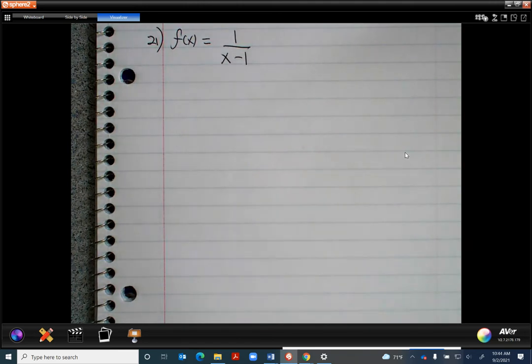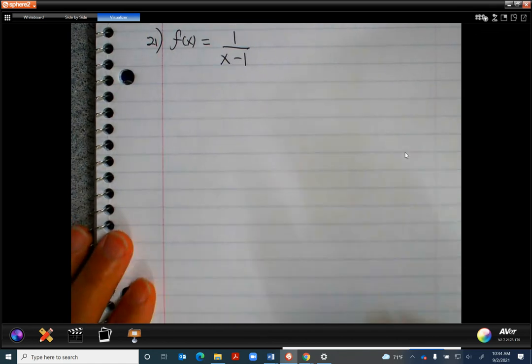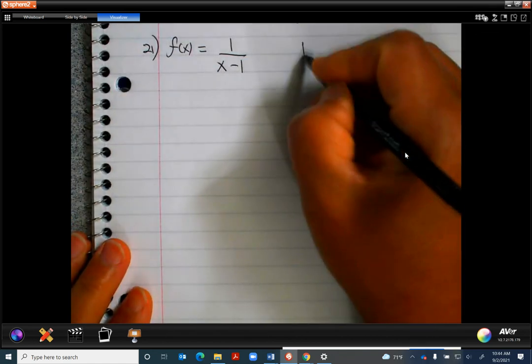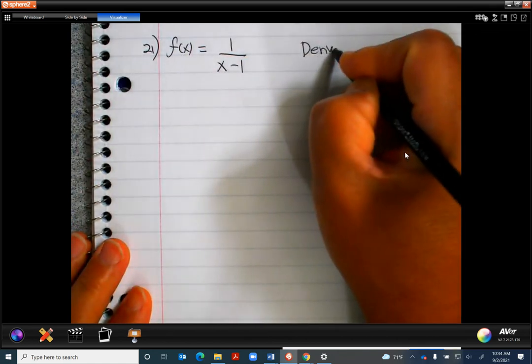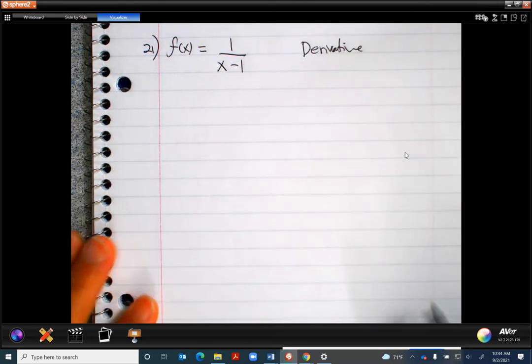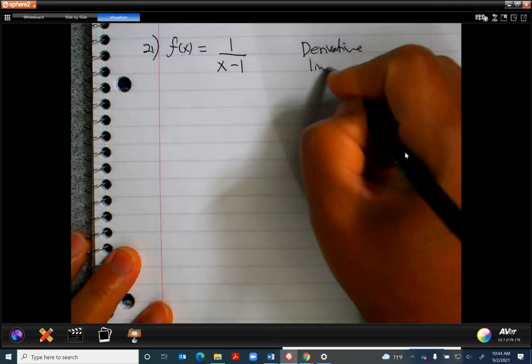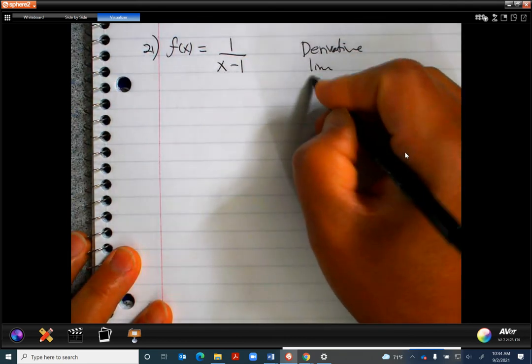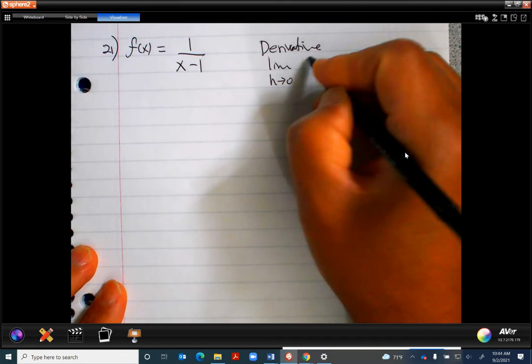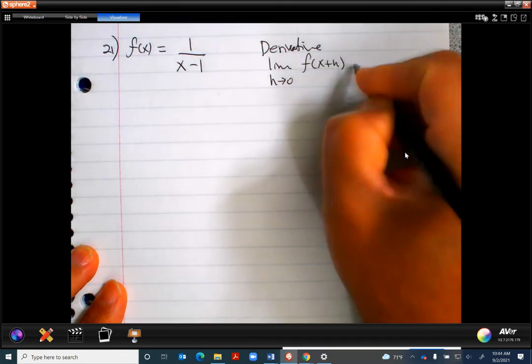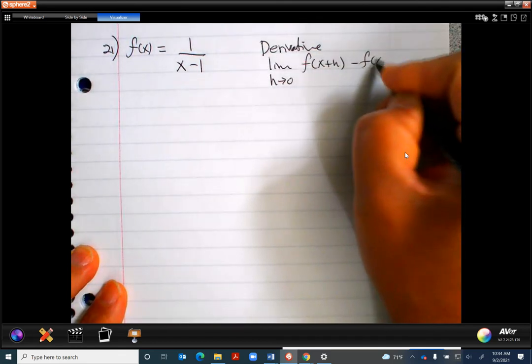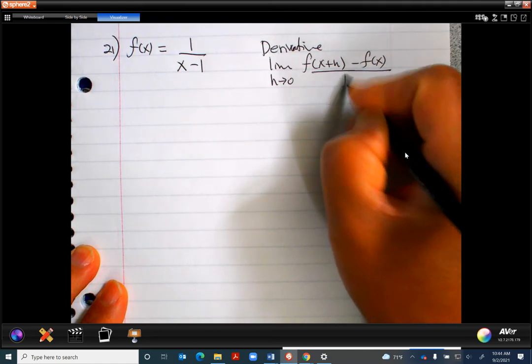Okay, derivative. Do I need to change anything? No. What's our formula for derivative? Limit h goes to 0, f of x plus h minus f of x all over h.